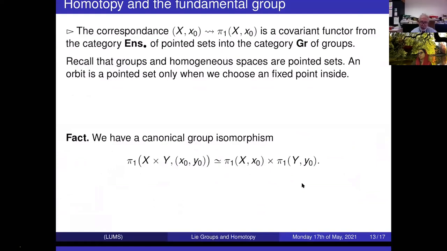I suppose that you know already what the fundamental group at a point is. If we take a pointed set X pointed at the point x0, we can send this pointed set to a group which is called pi1, the fundamental group, and this gives us a covariant functor from the category of pointed sets to the category of groups.